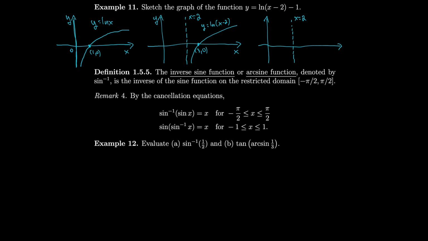I draw it dotted because it's not actually part of our function, but it's a good indicator of where to draw this thing. So our point 3, 0 becomes 3, minus 1. And this is y equals ln of x minus 2 minus 1.